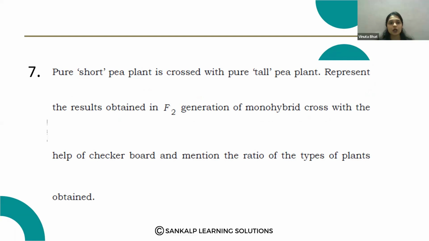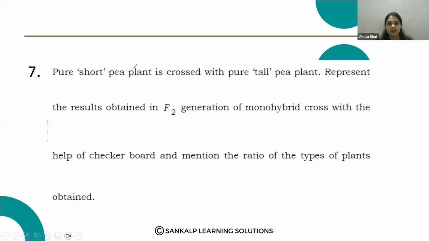The pure short pea plant is crossed with the pure tall pea plant. Represent the results obtained in the F2 generation of a monohybrid cross with the help of a checkerboard and mention the ratio of the types of plants obtained.